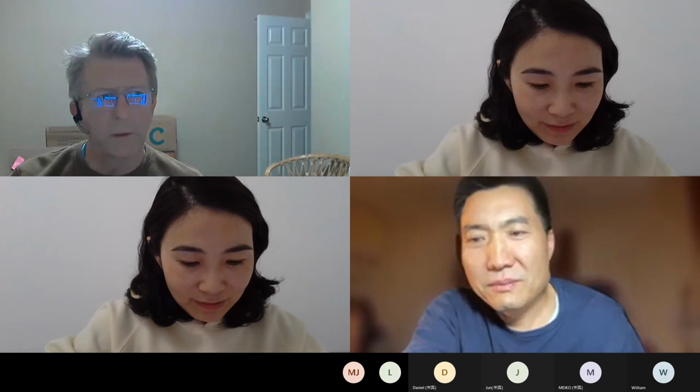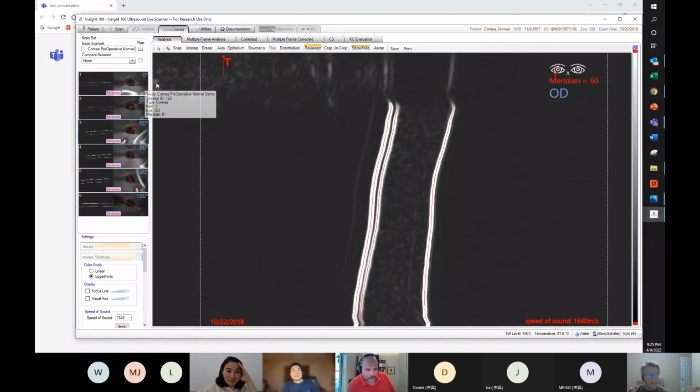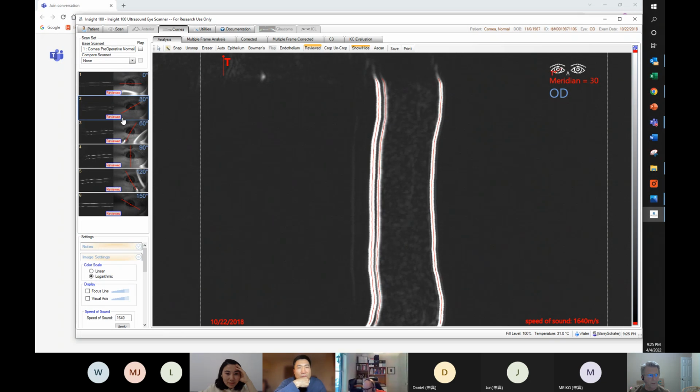Okay. So here on the left-hand side, the red line is the meridian of the scan. No lids in the way. And then as I move down to this one, here you can see the lower lid in the way. And that's why you're not seeing a full image up here, right? This is the cornea.